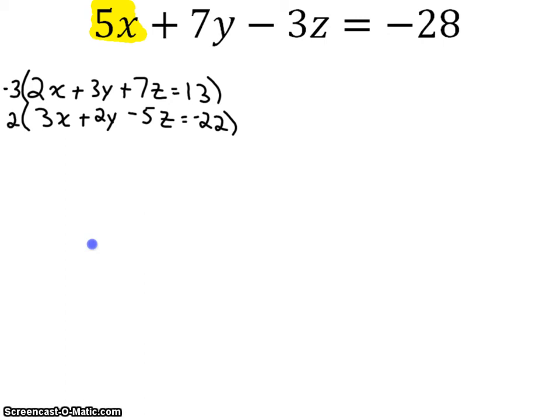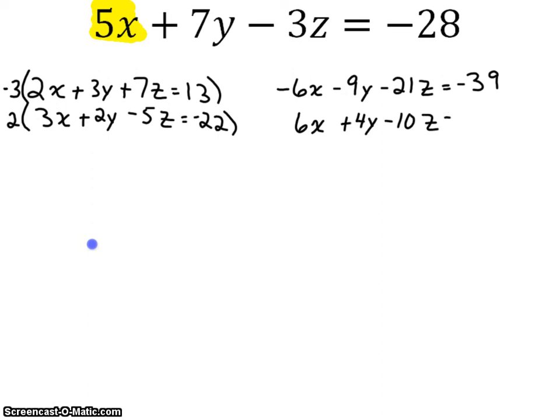So as a result of doing that, I get -6x minus 9y minus 21z equals -39. I distributed the -3 to each term. Now distributing the 2 to each term, 6x plus 4y minus 10z equals -44.